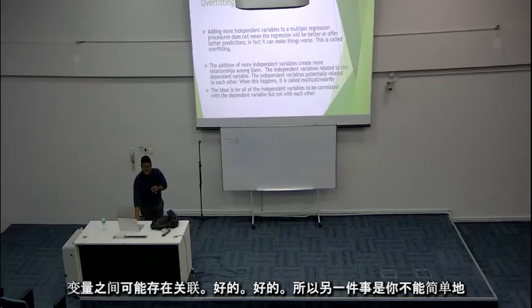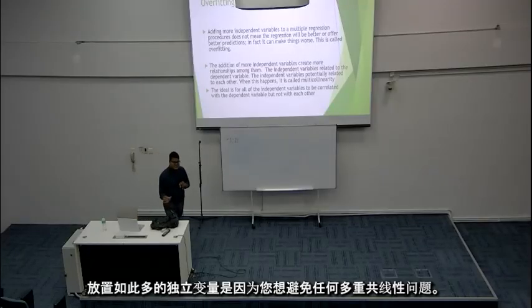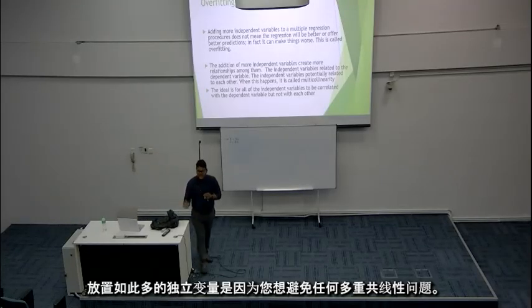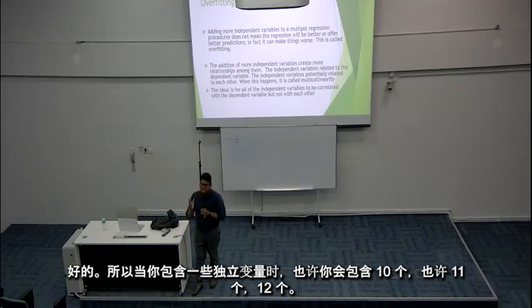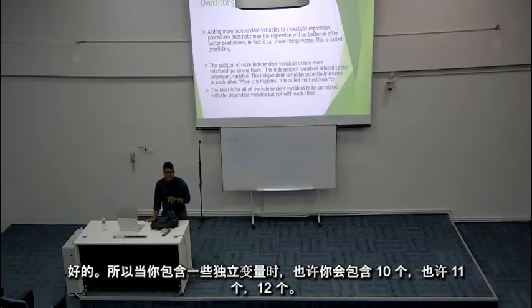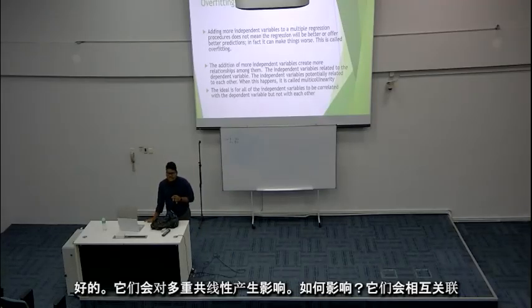You cannot simply put in so many independent variables because you want to avoid the multicollinearity problem. When you include 10, maybe 11 or 12 independent variables, they will affect multicollinearity. How?